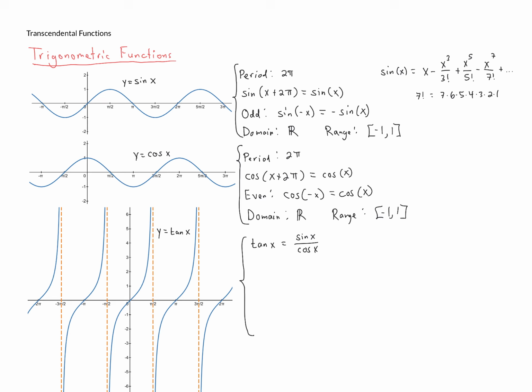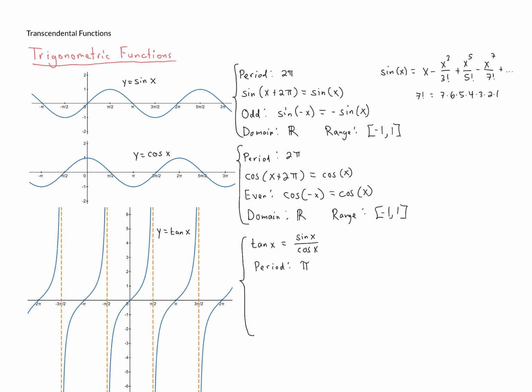Now, this is also a periodic function, as you can see, but the period isn't 2 pi. If you look at it, the period is just pi. Every time we move pi units to the right, we end up getting another branch of that graph. So it repeats every pi.